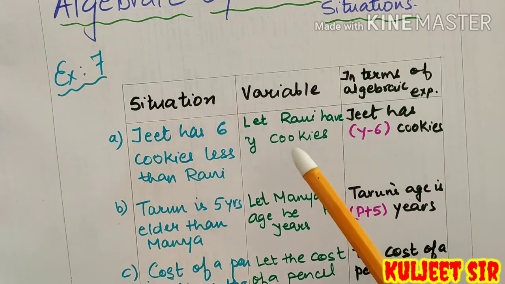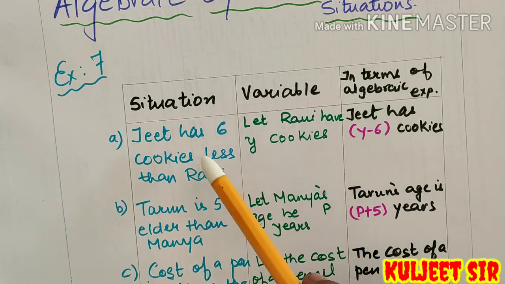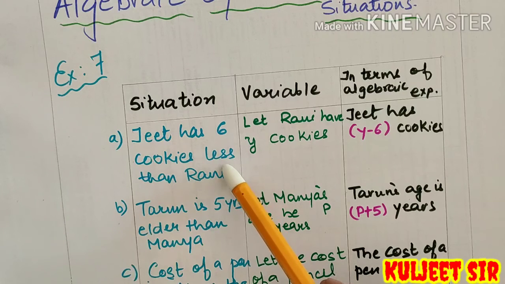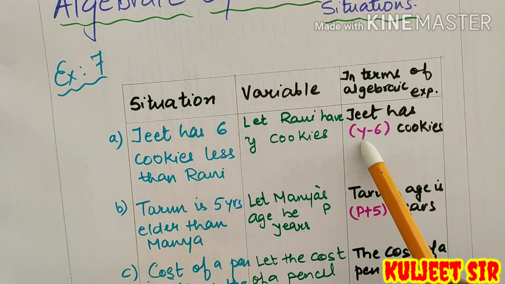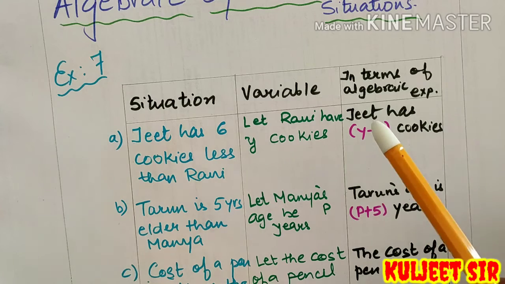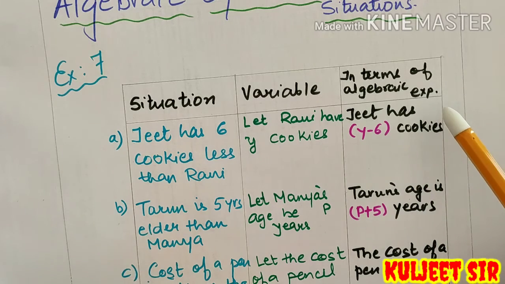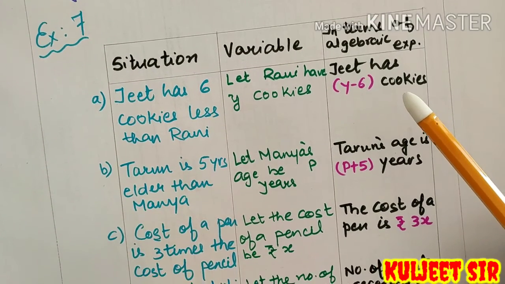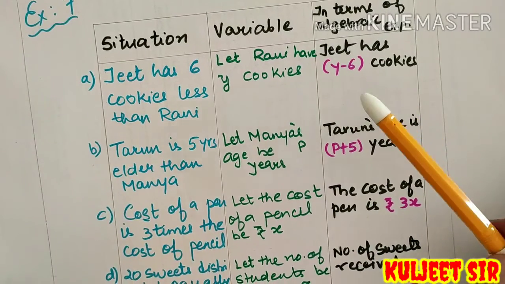Jeet has 6 cookies less than Rani. So if Rani has y cookies, Jeet has 6 less, so his expression will be y minus 6. So you will always have to assume the one which is given last, and that has to be taken into consideration.